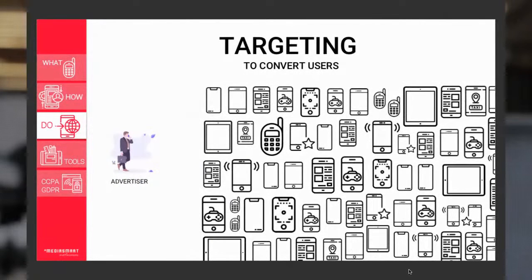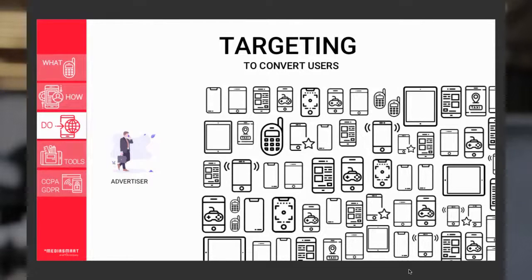So one of the things that you can do with this, at the very basic level, one of the actions that you can take with an audience, is first to target them, to convert them into being your customer, to show advertising that is relevant to them.